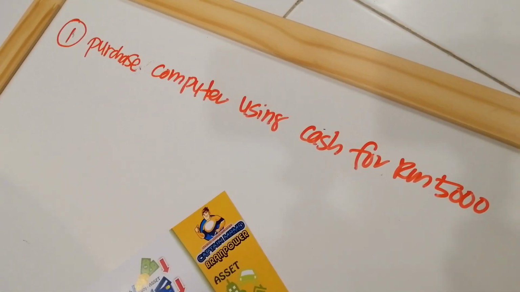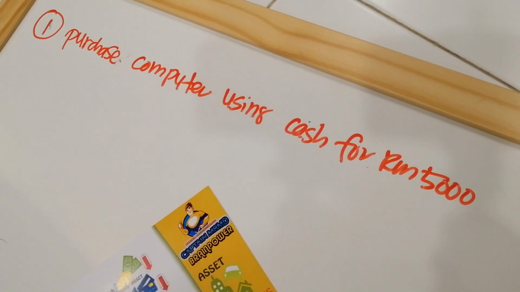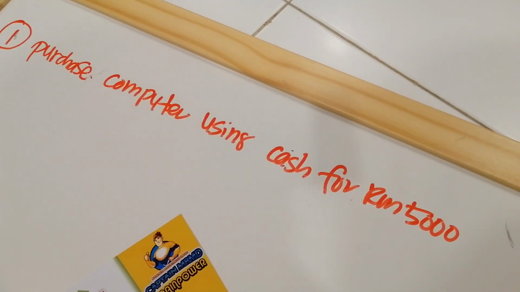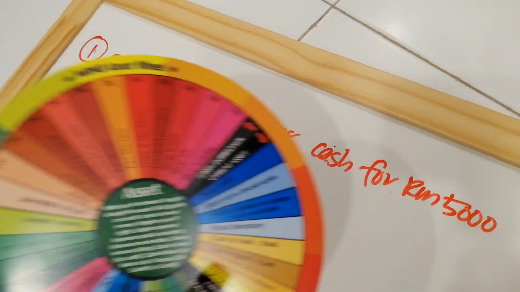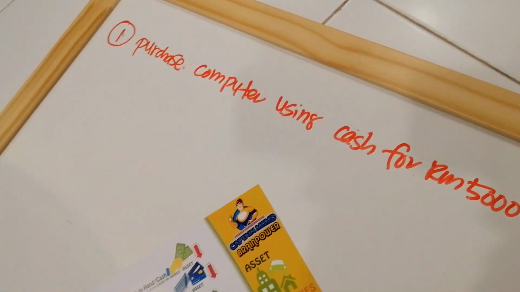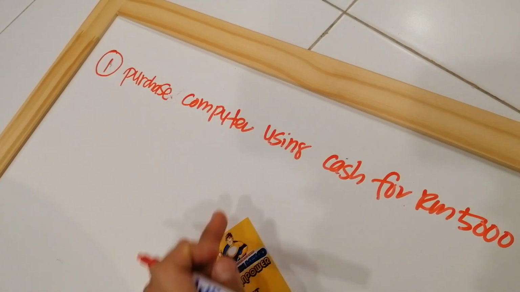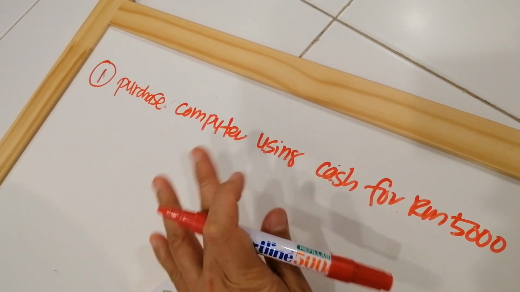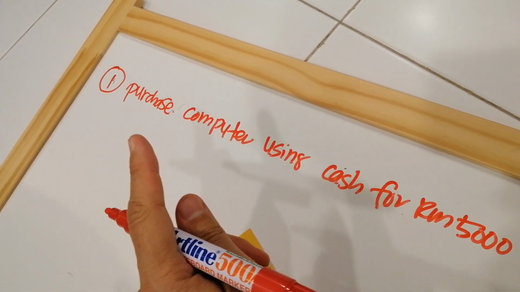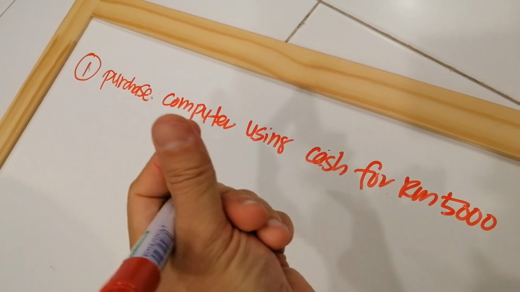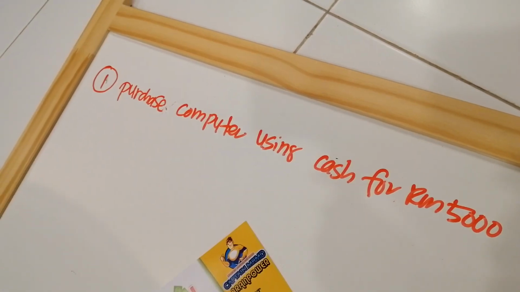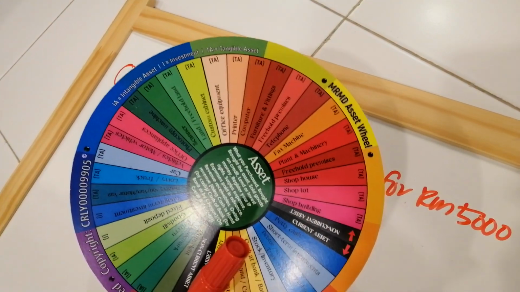So normally students will have a problem to identify the items. That's why we have the wheels here. This one. Okay. Students sometimes just follow the words, like purchase as the item, or using become the item. No. I told you already. In accounting, we have specific names. Using. Cuba you cari dekat wheels ni. Wheels ni.